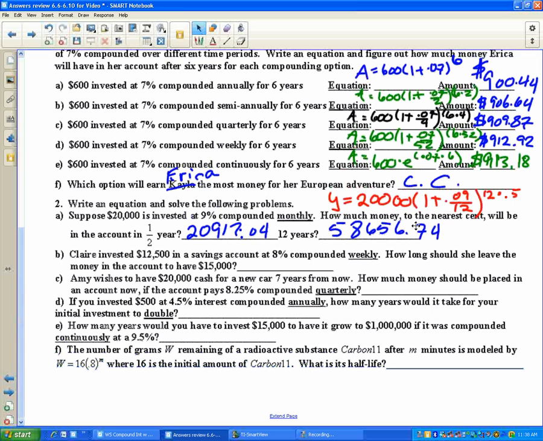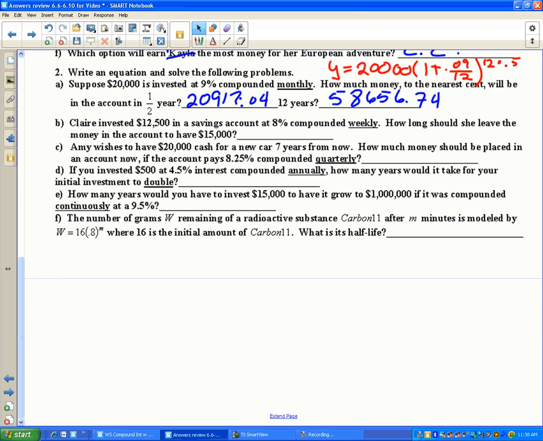Claire invested $12,500 in a savings account at 8% compounded weekly. How long should she leave the money in the account if she wants $15,000? We're going to do B down here.